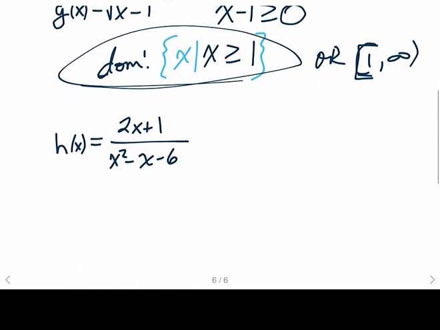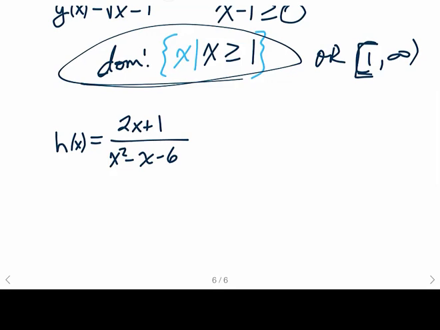Finally, we have h of x is equal to 2x plus 1 over x squared minus x minus 6. First thing I want to do is consider what happens with a fraction. We can't have the denominator equaling 0. So let me find out where the denominator actually does equal 0 so I know what values to exclude.